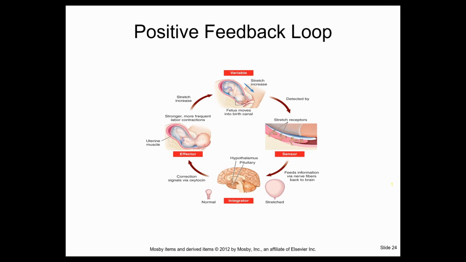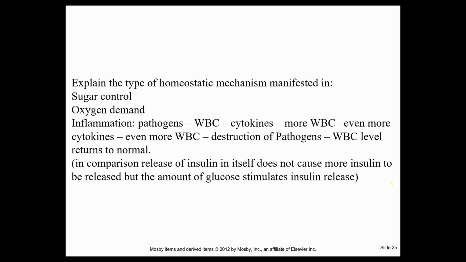All right. So, there are other examples of the positive and negative feedback loops. For example, if I have a cut and I have inflammation, I actually want that inflammation at first to increase. And so you'll have the cytokines, chemicals that will attract your white blood cells to come, because I need to take care of bacteria that got into my cut.